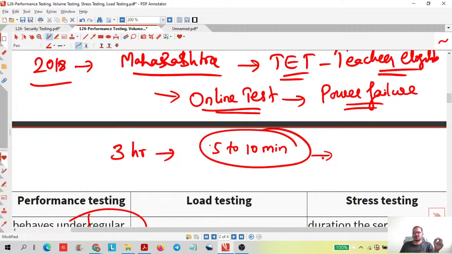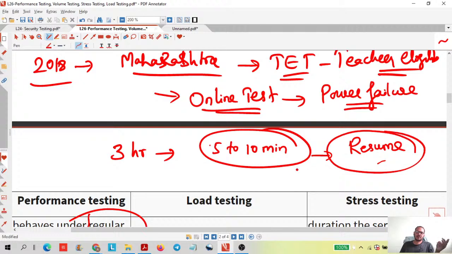Even though it was resumed, the time was paused for that particular period, and once they restarted, the software behaved differently. For some people it resumed, and for others the timer kept running. Suppose the test was 10 a.m. to 1 p.m.: for some people it ended on time even though they restarted, because the time kept running.